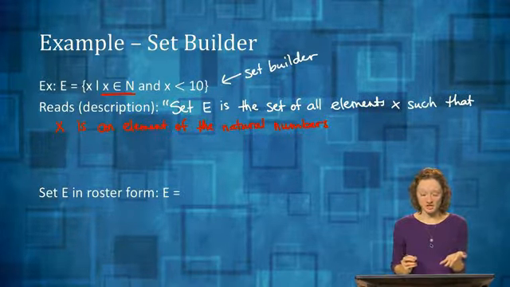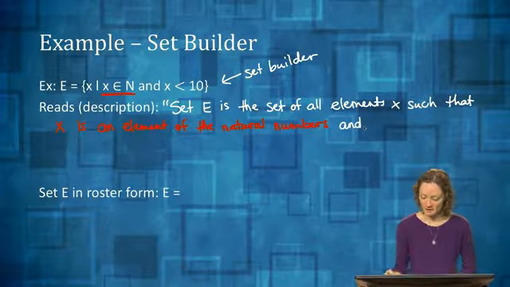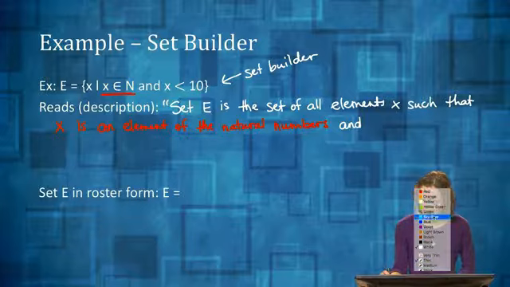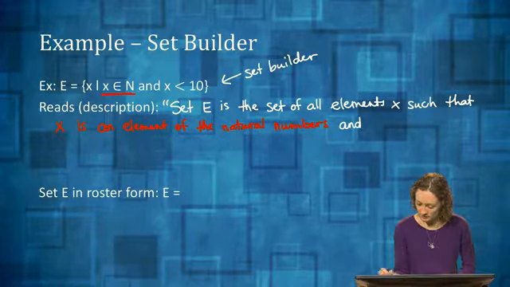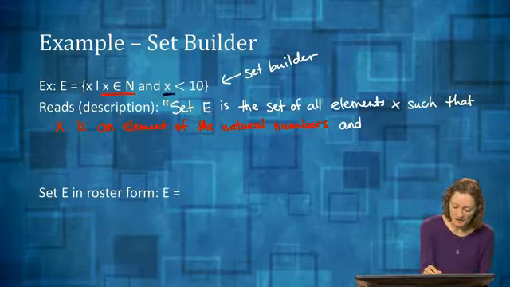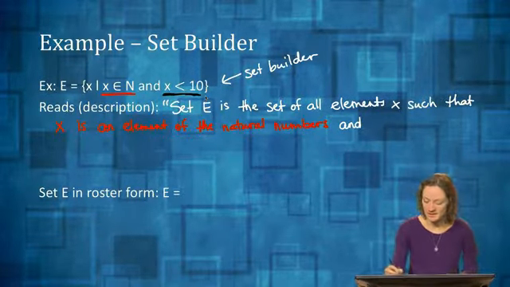There's more than one condition in this case, so we'll write and to pull that together. Our second condition, oh, not green, let's go with black. The second condition very simply reads X is less than 10.